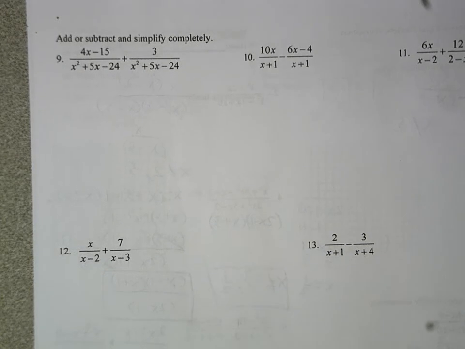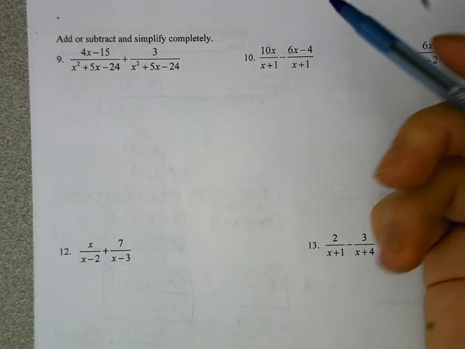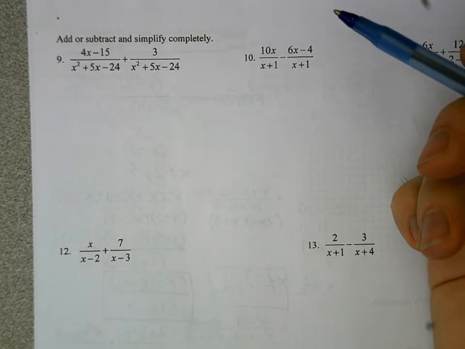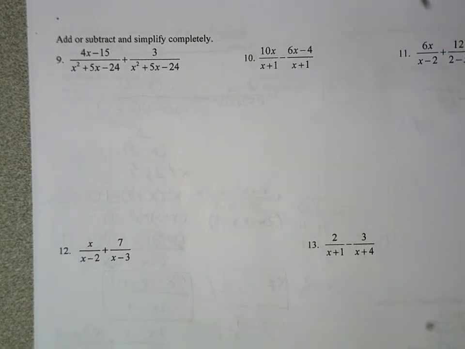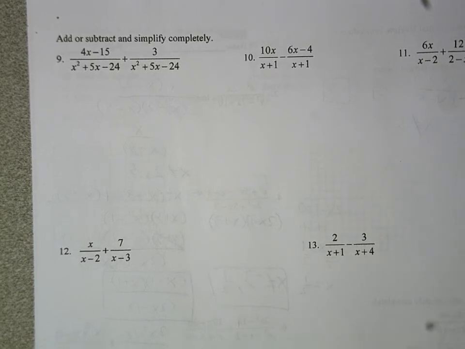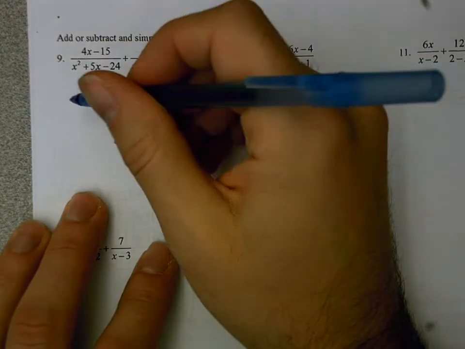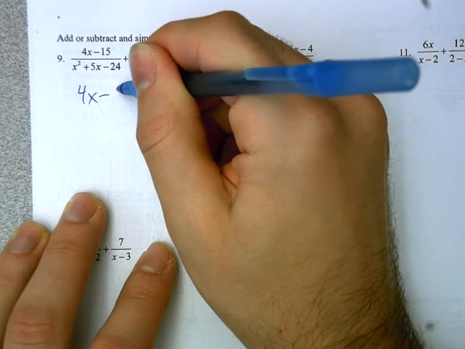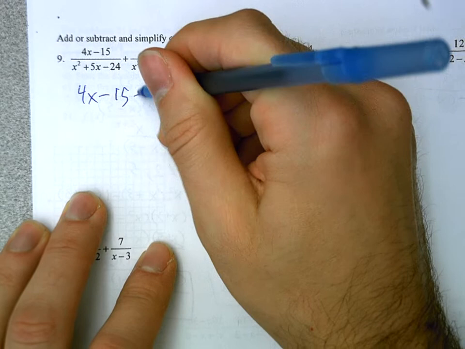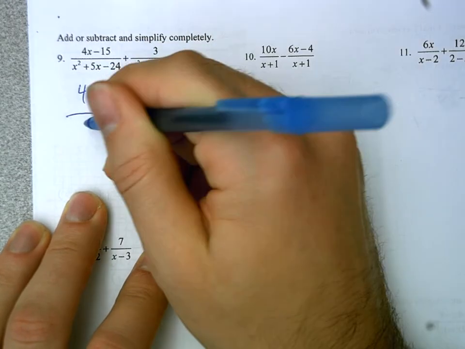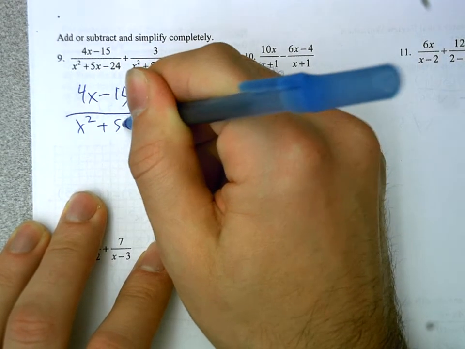Number 9. Does everybody see it's addition? So I have to have common denominators. But I already have common denominators. There's no extra steps here for that part. The bottoms already match. So I'm going to go straight to 4x minus 15 plus 3 over x squared plus 5x minus 24.